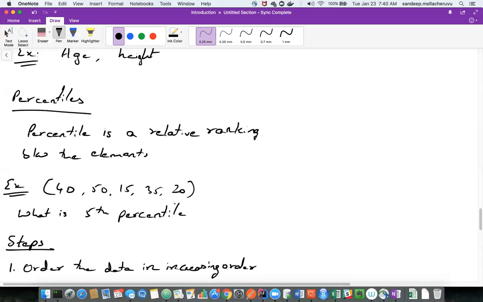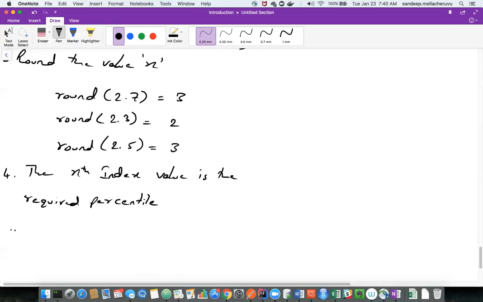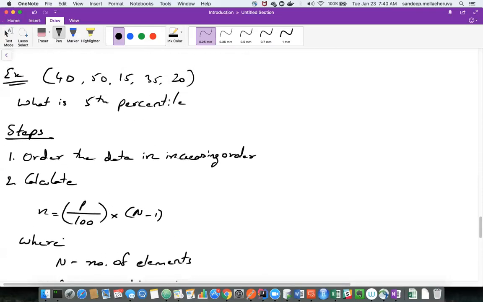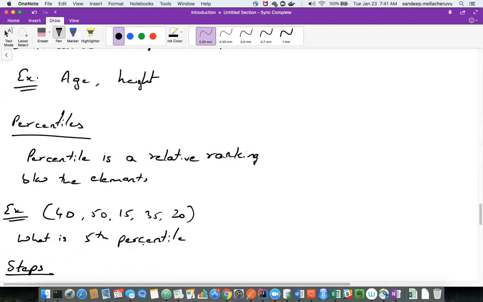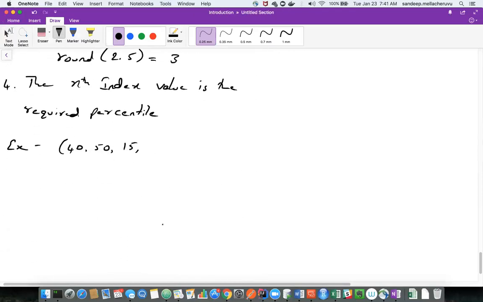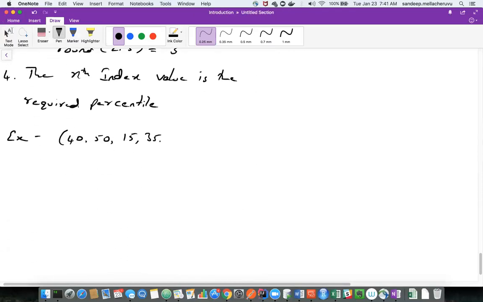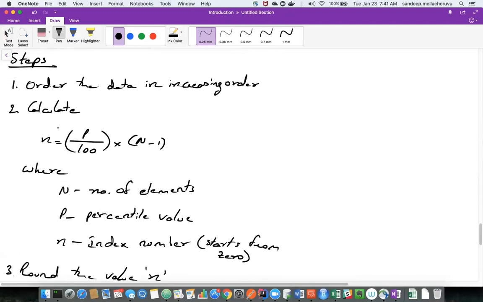Now in the example I gave, let me write the example again. It is 40, 50, 15, and 35 and 20. Okay, now the first step, let's go through the steps.